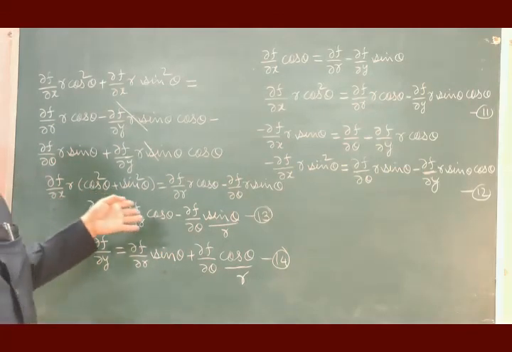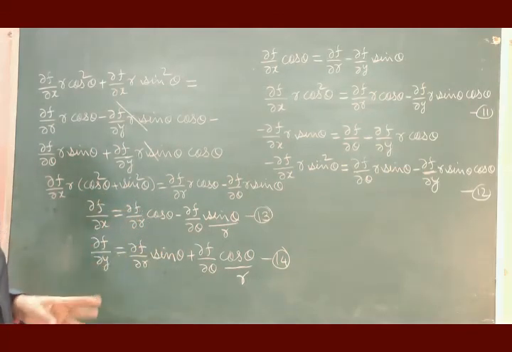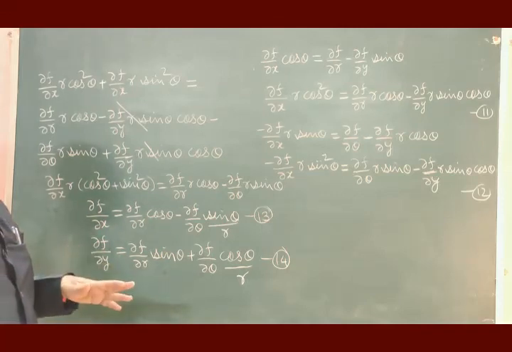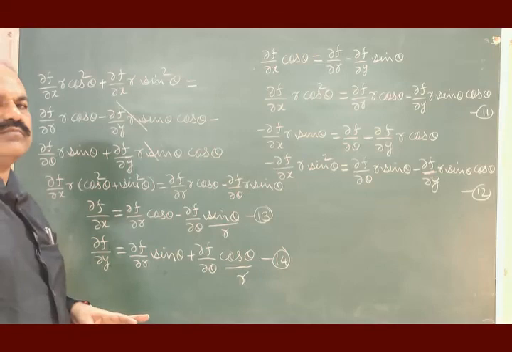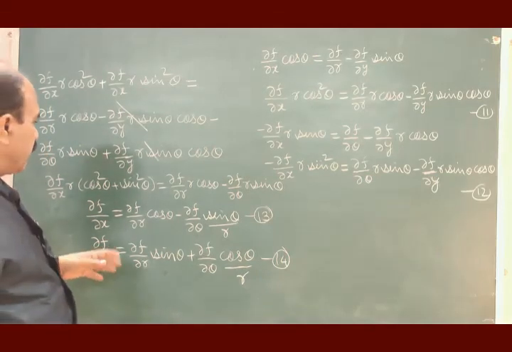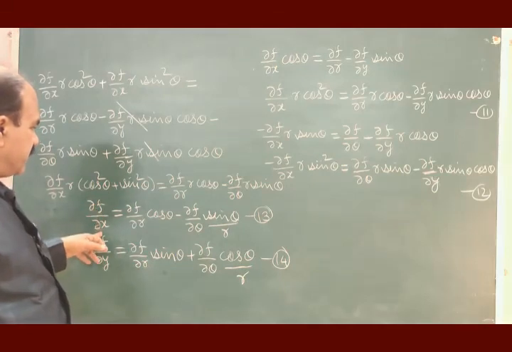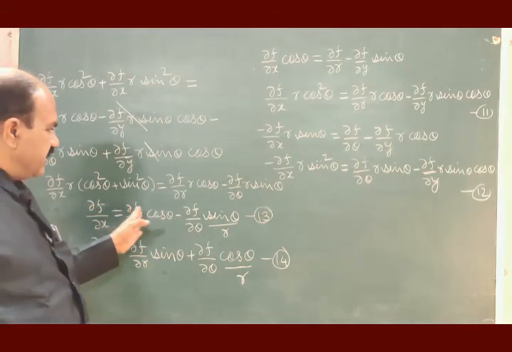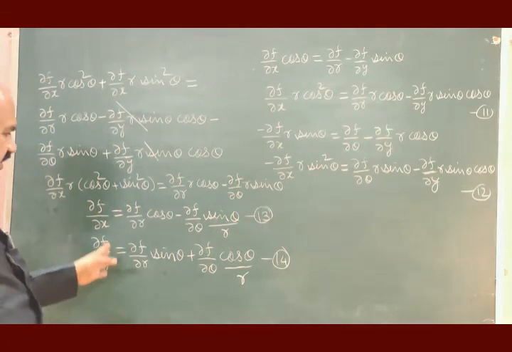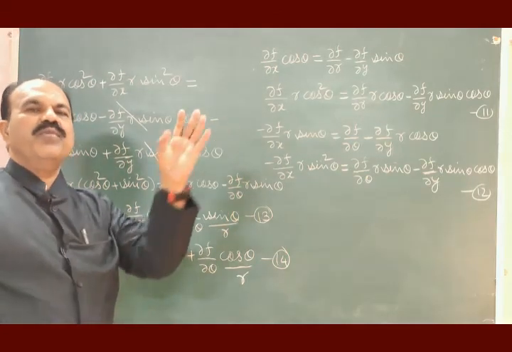So this way we can change variables from the Cartesian coordinate system to the polar coordinate system. This is about the Cartesian coordinates, and this all is about the polar coordinates.